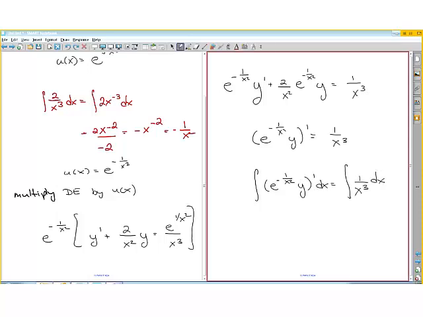Okay, so the left-hand side just becomes e to the minus 1 over x squared times y. The right-hand side becomes this integral. This is the same as x to the minus 3 power dx. We add 1 to the exponent. We divide by the new exponent.